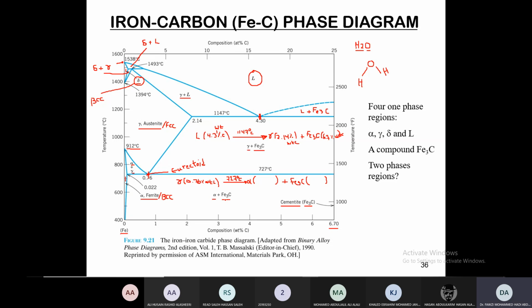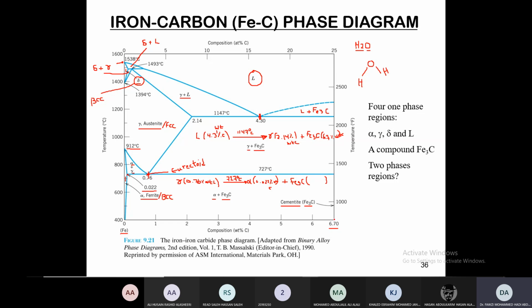If we want the composition of alpha plus the cementite, just below the eutectoid isotherm, we draw a tie line, and it's going to intersect here for the alpha, because here we have the alpha. It intersects at 0.022, so that's the composition, 0.022% by weight carbon.